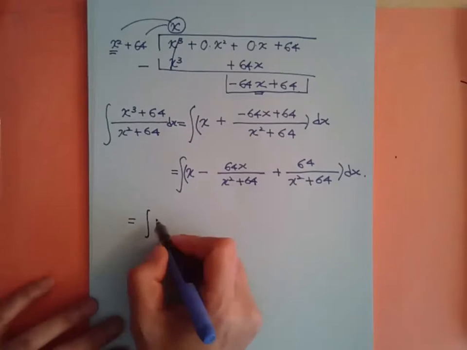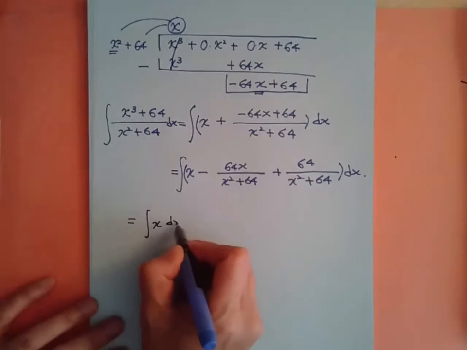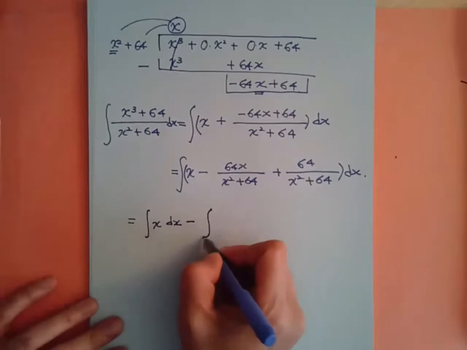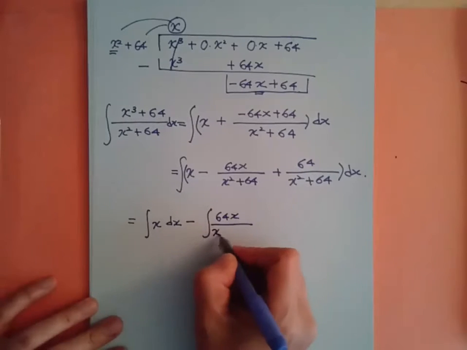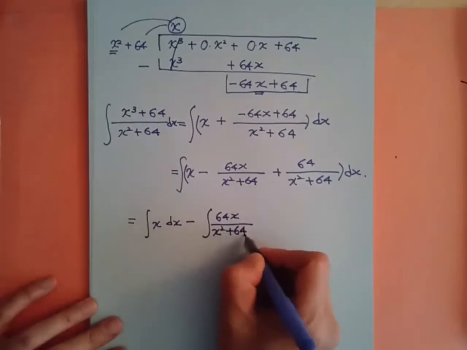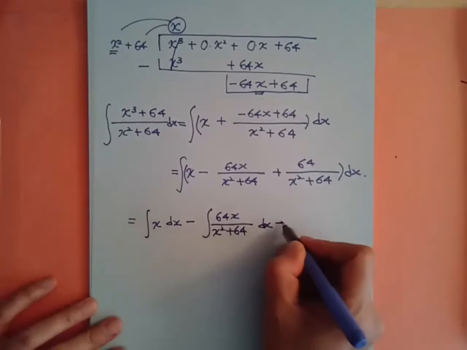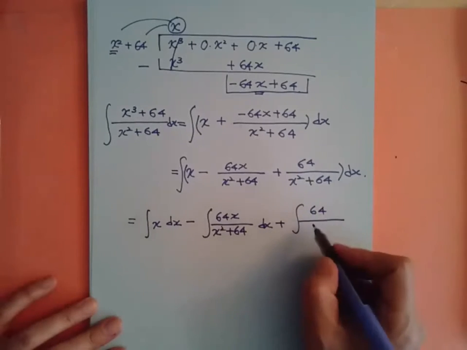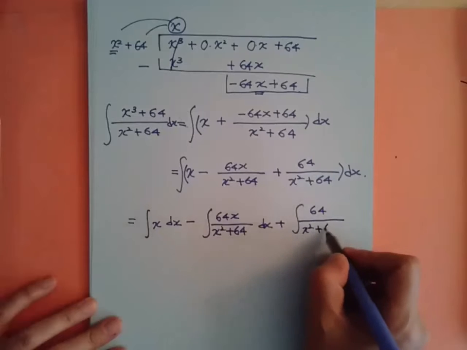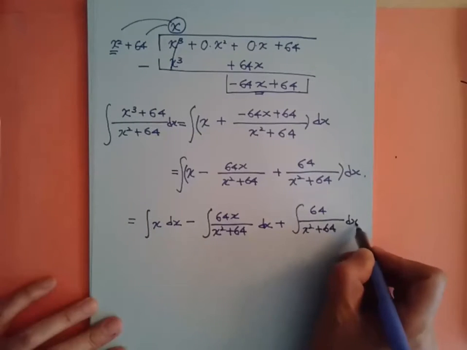So the integral of x dx, minus the integral of 64x over x squared plus 64 dx, plus the integral of 64 over x squared plus 64 dx.